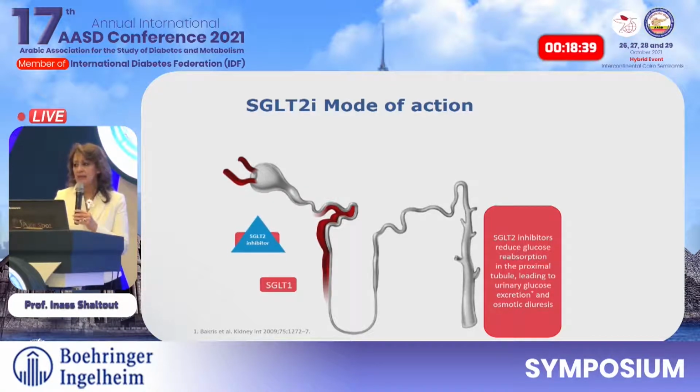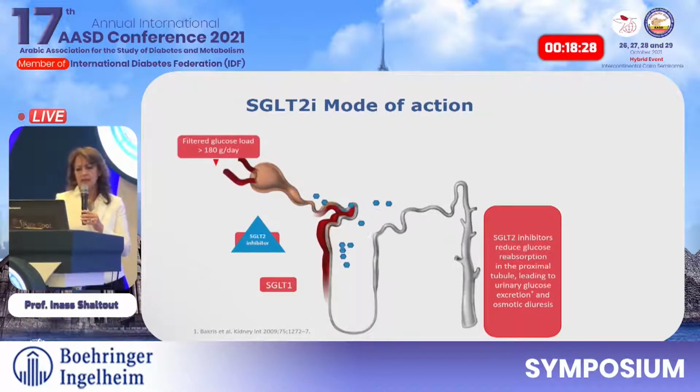What if we inhibit this SGLT2 with a sodium glucose co-transporter 2 inhibitor? At least 180 grams of glucose is filtered daily by the glomeruli in the kidney, and 90% of this amount will be reabsorbed by SGLT2 and 10% by SGLT1.